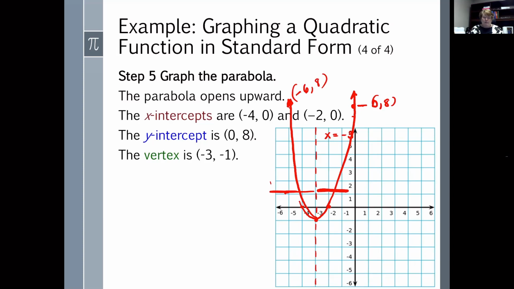Because the parabola is symmetric about that value, you can actually find another point on the graph of your parabola by using its symmetry. So again, if I have a point that's 3 units to the right of my vertex at 8, I will also have a point 3 units to the left of my vertex at 8. So I'm going to have a point that's symmetric to 0, 8 at -6, 8.